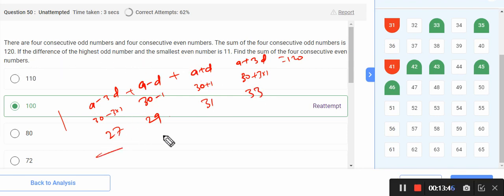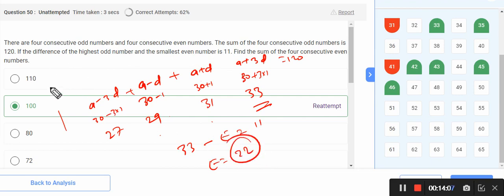The question gives the difference between the highest odd number and the smallest even number. Highest odd number is 33. For my smallest even number, let's assume E, the difference is 11, so the value of E will be 22. This is the smallest even number out of these 4 consecutive even numbers.